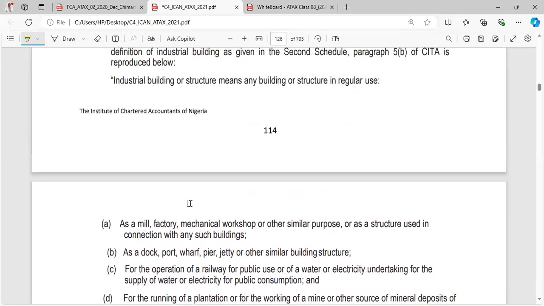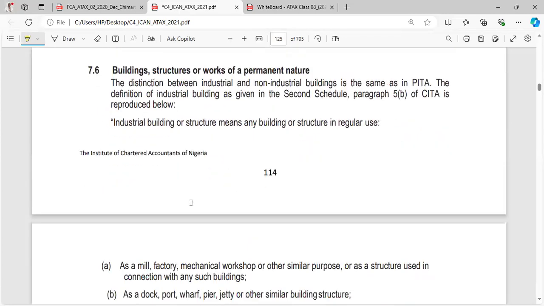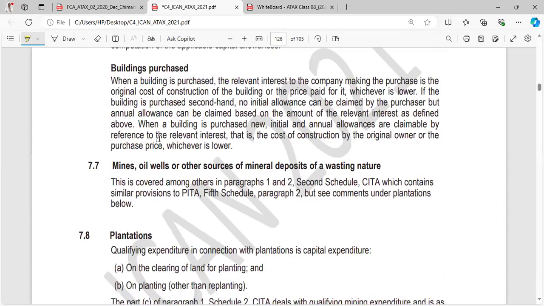Now let's look at building purchased. When a building is purchased, the relevant interest to the company making the purchase is the original cost of construction of the building or the price paid for it, whichever is lower.